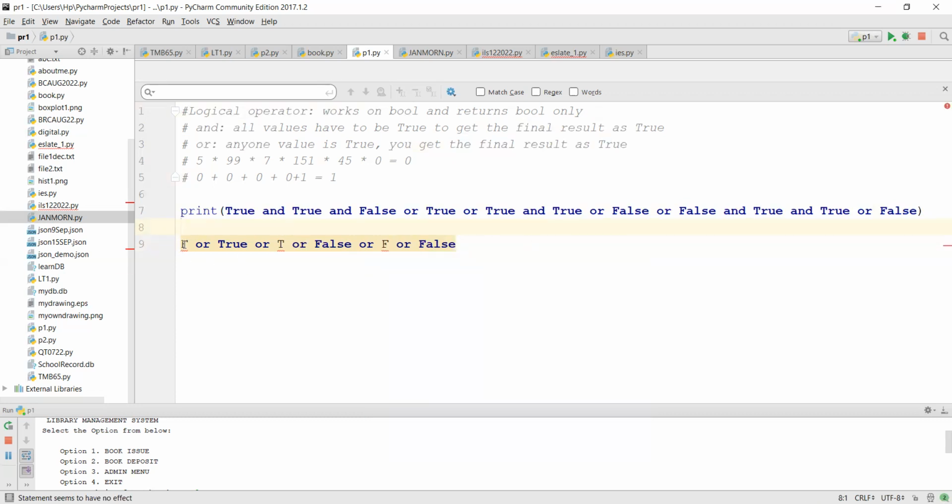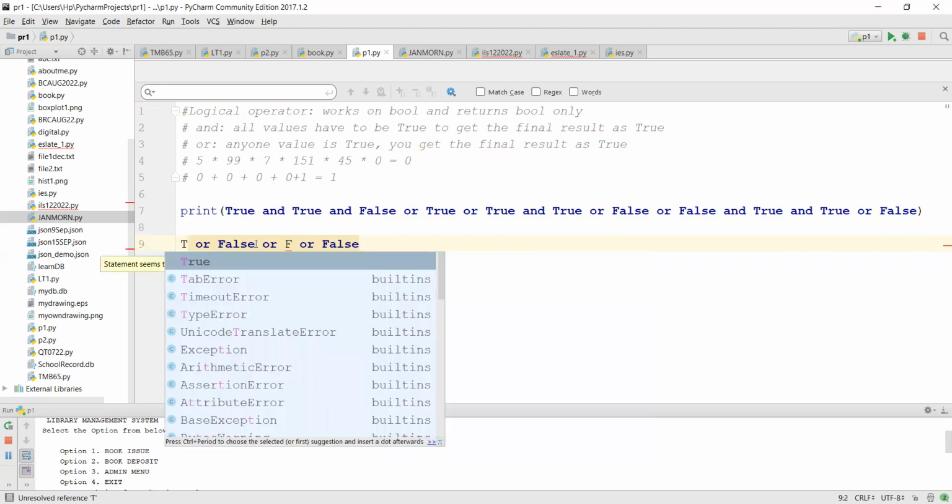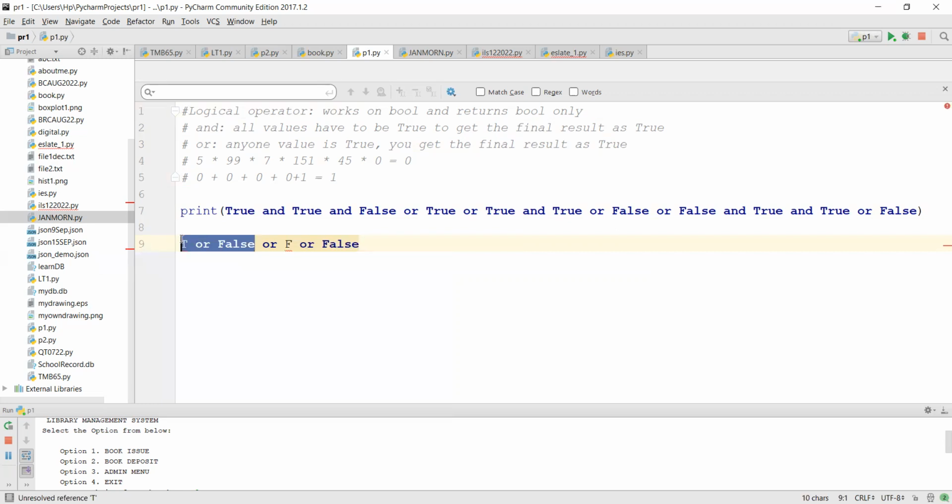So let's solve OR. False or true? It's true. Even one true, the entire thing is true. True or true? It's true. False or true? True. Even one true, it's true.